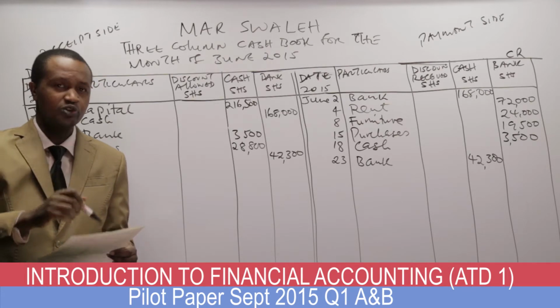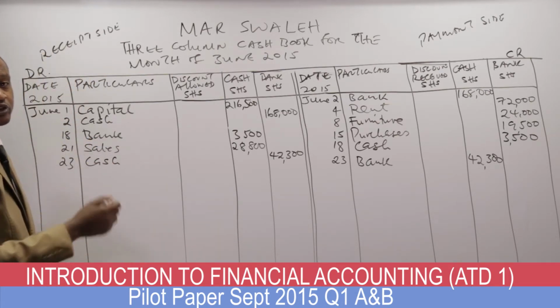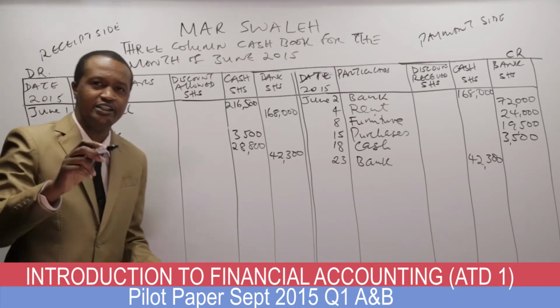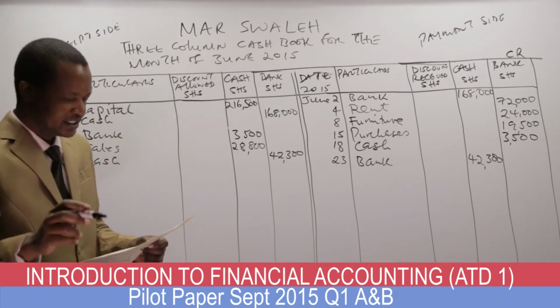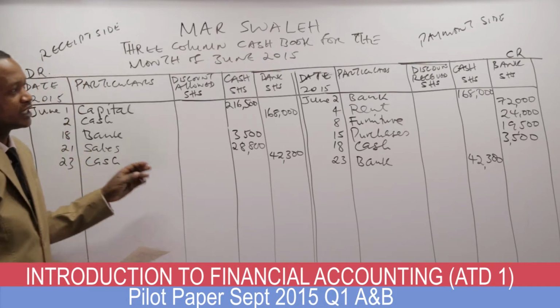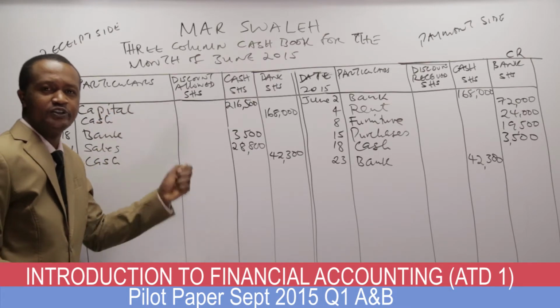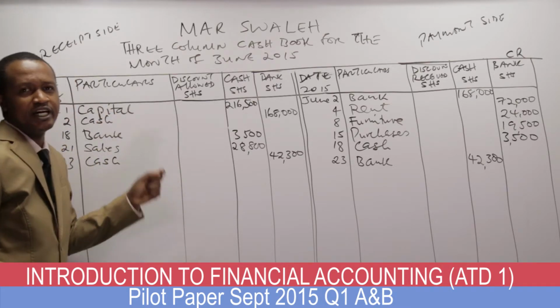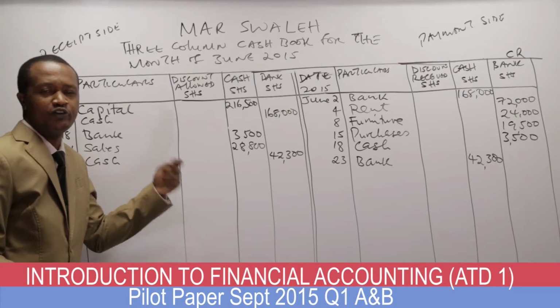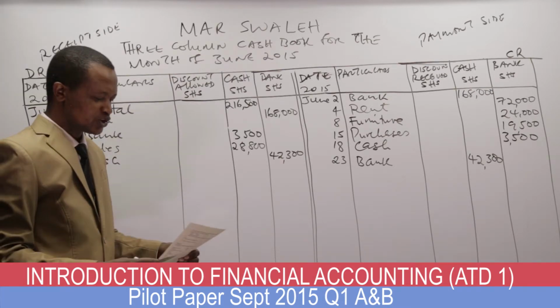So this transaction will not be recorded in the cash book, because it is a credit transaction. We only record items in the cash book if the transaction involves actual movement of money, either in the form of cash or bank. That is very important. So we ignore the 25th transaction.